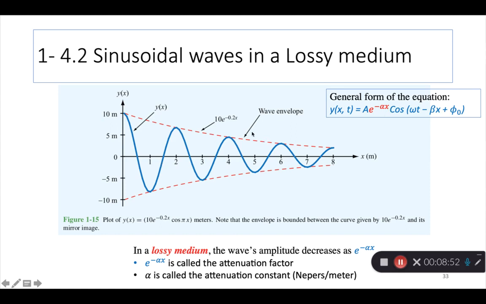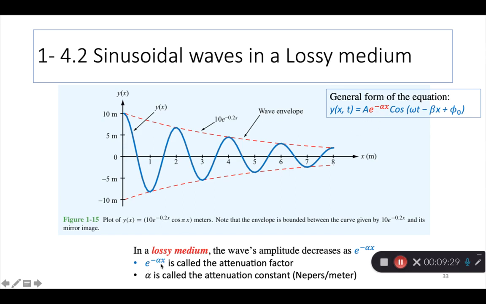And so here's a good example of how a waveform in a lossy medium behaves. I'm happy he showed us this nice waveform, and he shows this equation for just the attenuating factor, which is 10 e to the power minus 0.2x. It's also called the wave envelope. So in a lossy medium, the wave's amplitude decreases as e to the power minus alpha x. That's the new thing to remember.